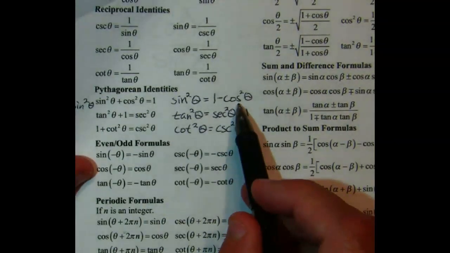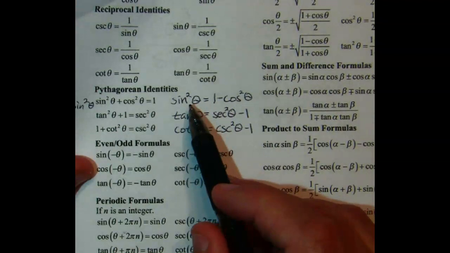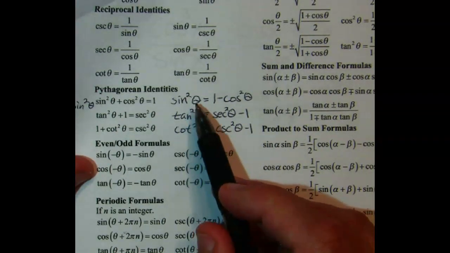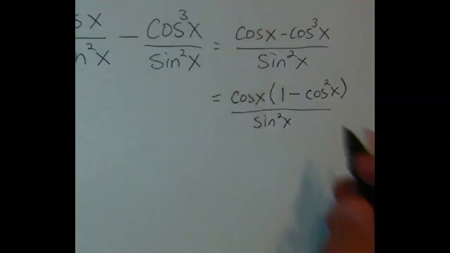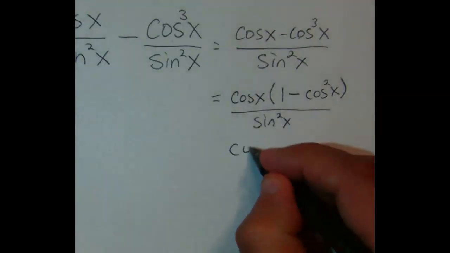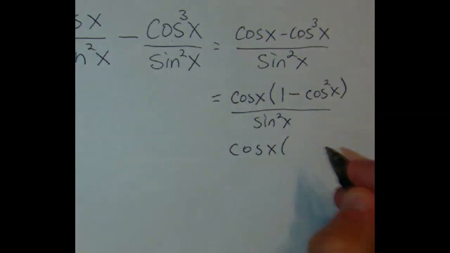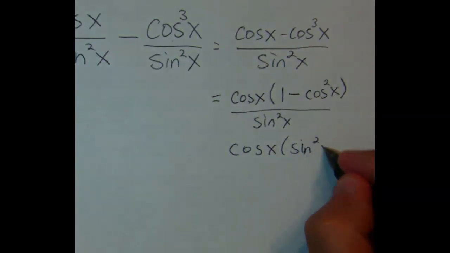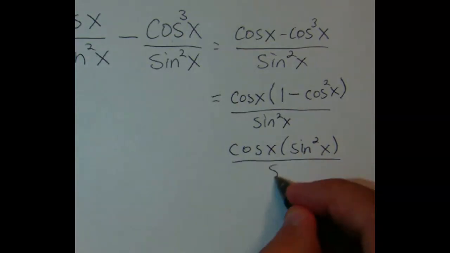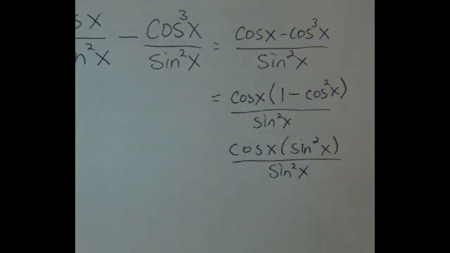So let's find it. 1 minus cosine squared x is sine squared x. So this becomes sine squared x, all over sine squared x.